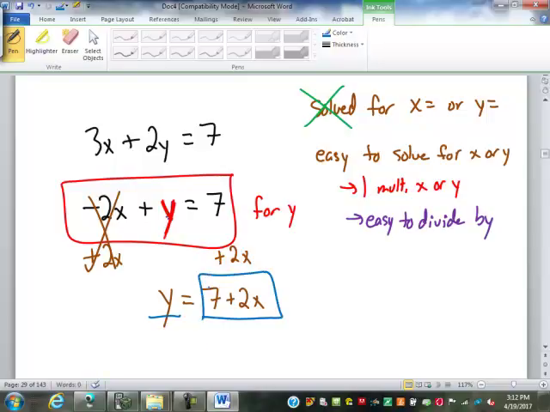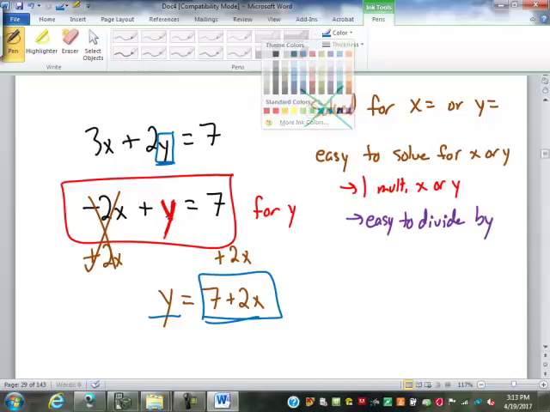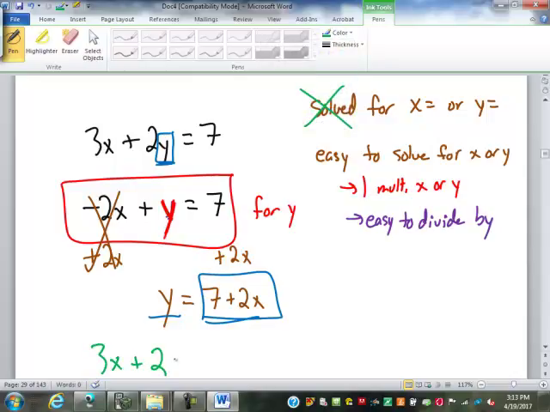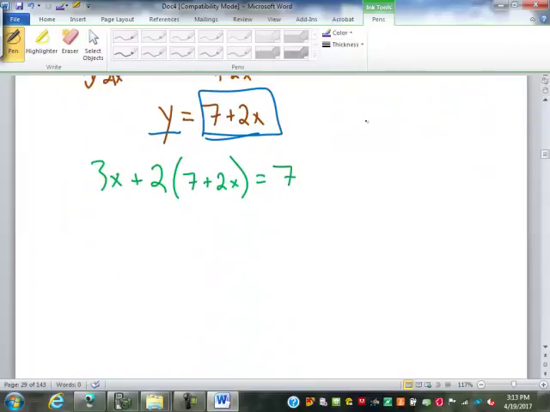So that means I can come up to this top equation, and I can replace y with 7 plus 2x. So 3x plus 2, instead of y, I'm going to put in 7 plus 2x equals 7. So now I just have to solve this equation.